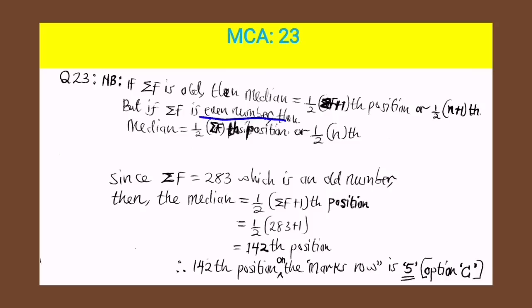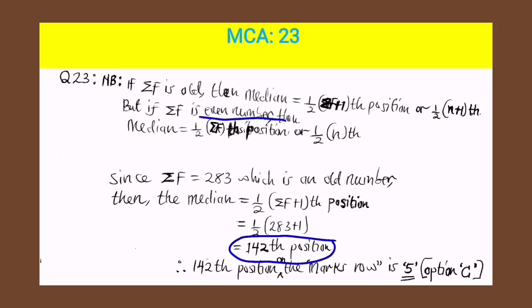So median, we're talking about 50% of the data, the value of data at the middle, the middle value. That's what we mean by median. Once you have that 50% of the middle value, that will be your position. So here we had 142 as our middle value.